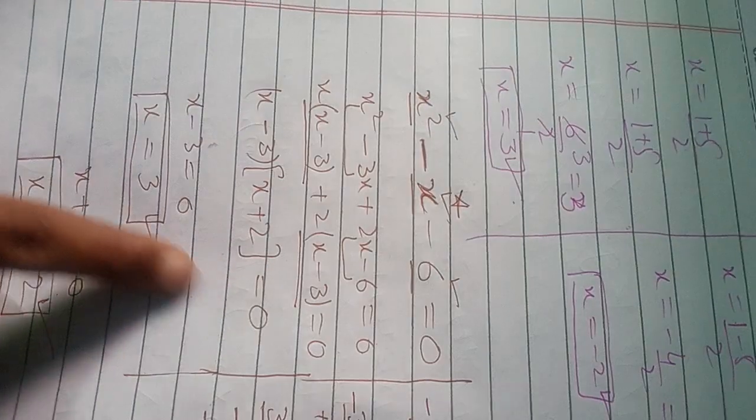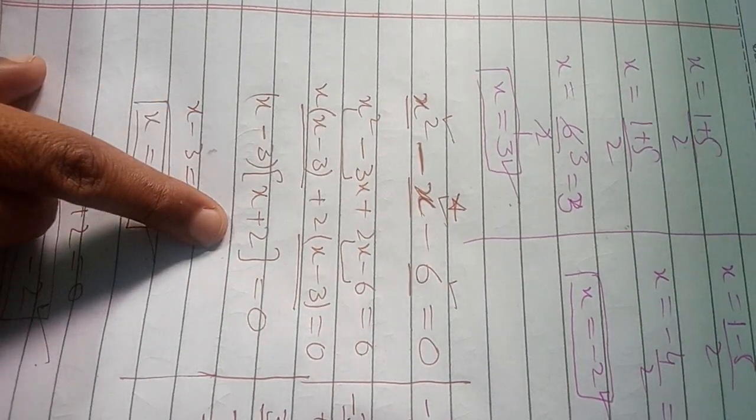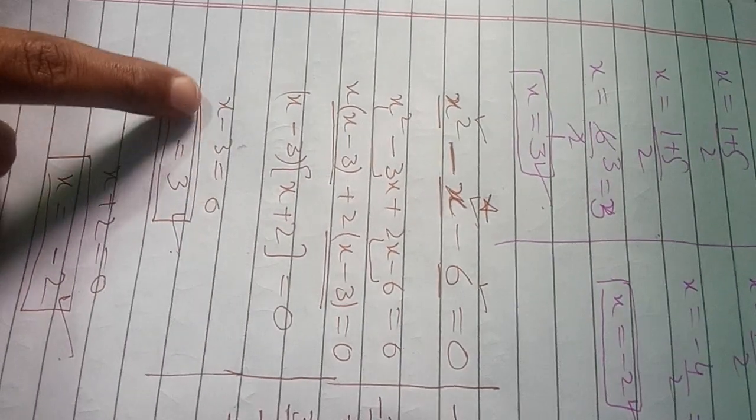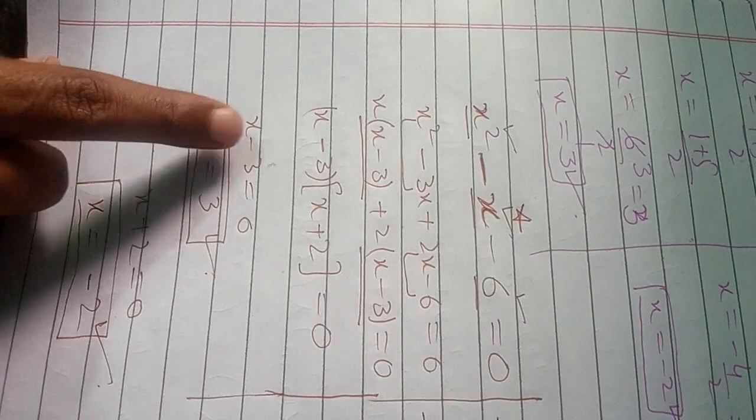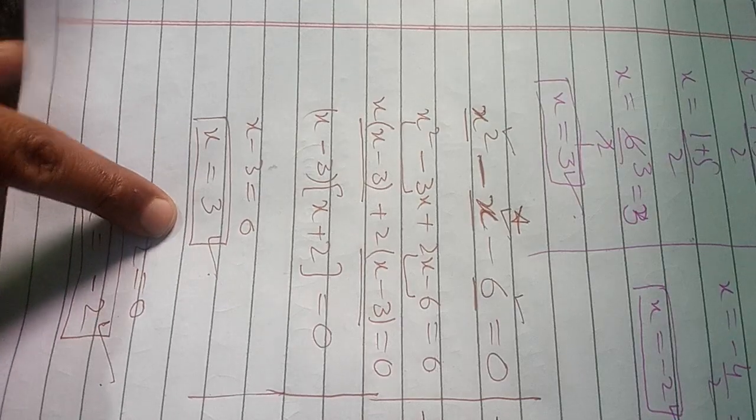And we know that the product of two terms is equal to 0 when one of them is equal to 0. So we will put the first term equal to 0, that is x equal to 3, because minus 3 will be positive on the right side.